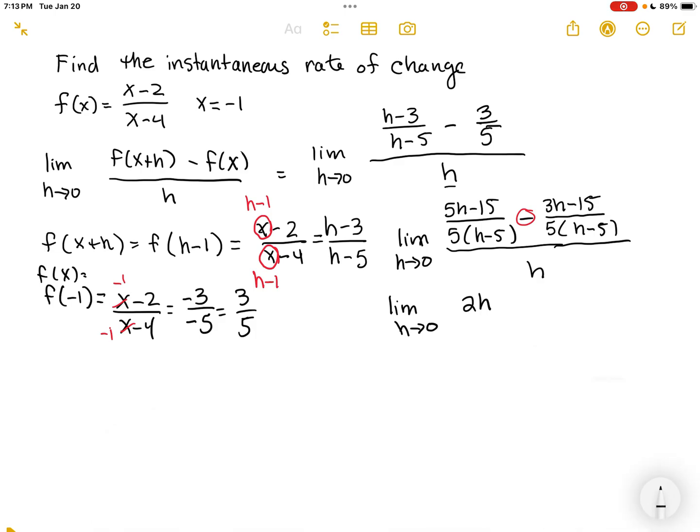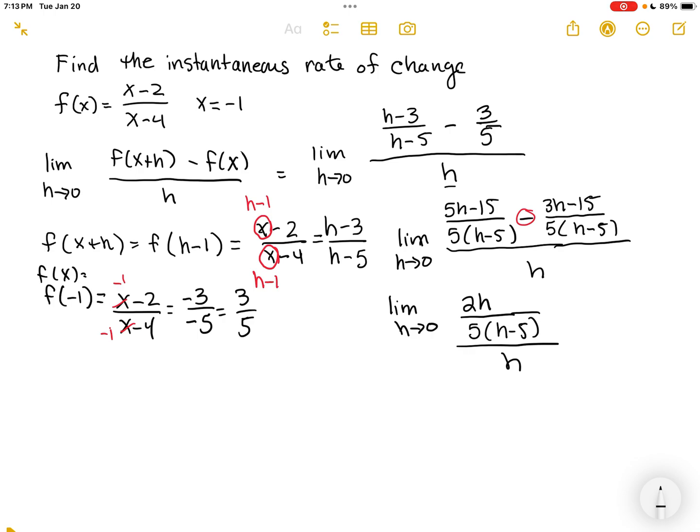So the negative 15 and that positive 15 cancel, and you're left with 2h over 5 times h minus 5, all over h.